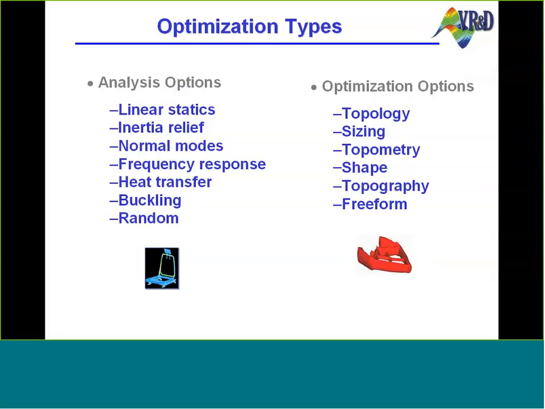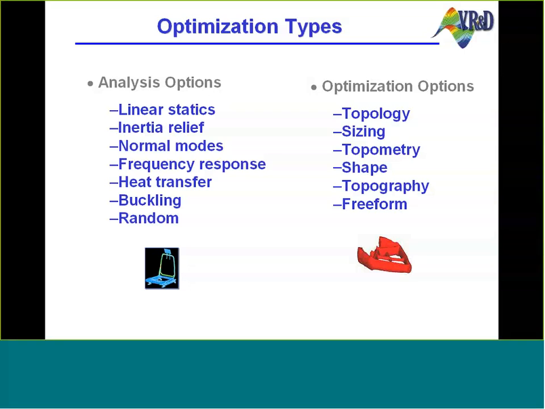The optimization types available in Design Studio are the same as what we have in Genesis. The analysis options are linear statics, eigenvalues, frequency response for dynamics. The optimization options are divided into different categories based on what the design variables are actually going to design.